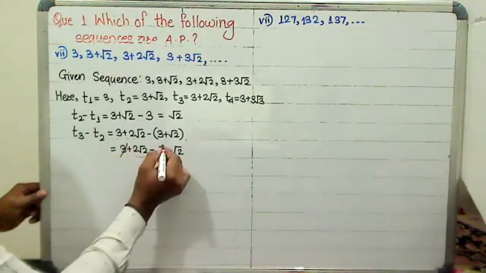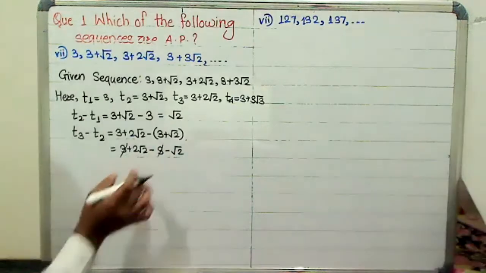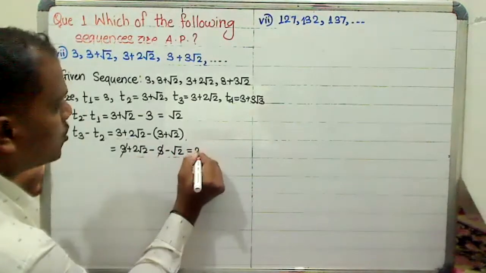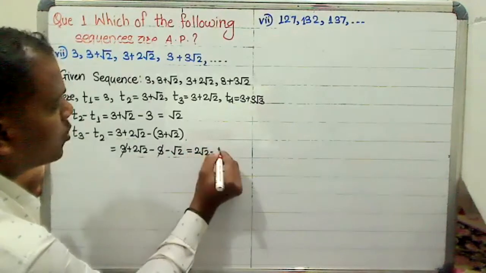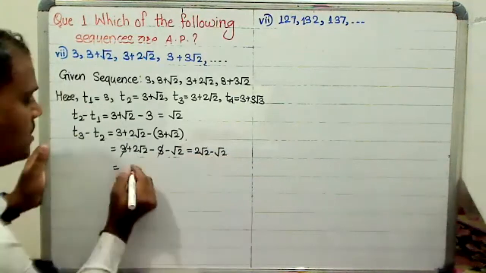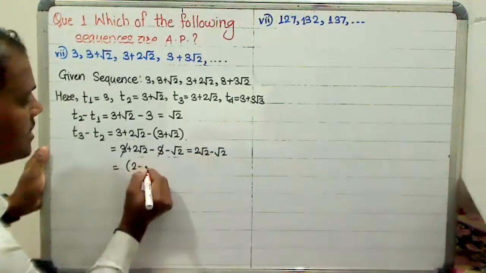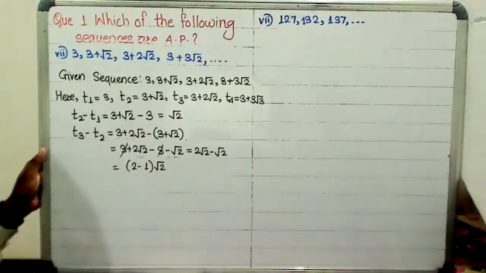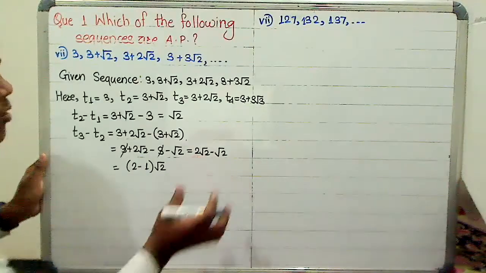This 3 will get cancelled with this 3. And if you observe carefully, these two are similar surds. So 2 root 2 minus root 2, taking root 2 common from these two terms, 2 minus 1 into root 2.